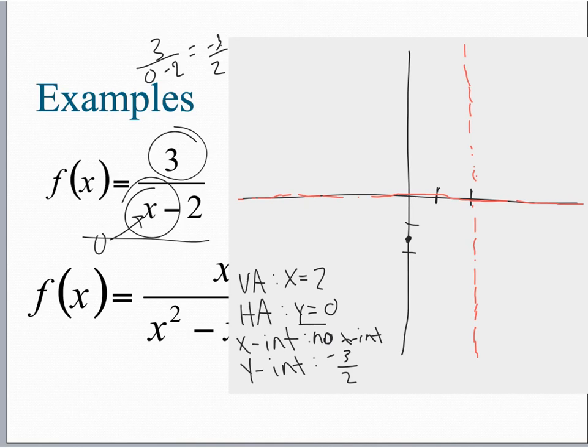Okay, now, you can kind of see, let me get my laser pointer. If this right here is a point on the graph, it's enclosed by these asymptotes right here. So what that tells me is, as I draw this, I know that my graph has to go through here.